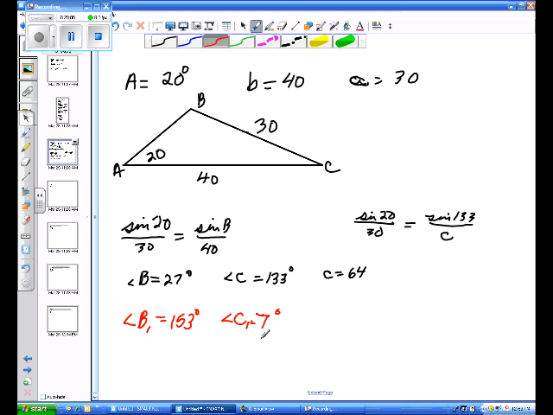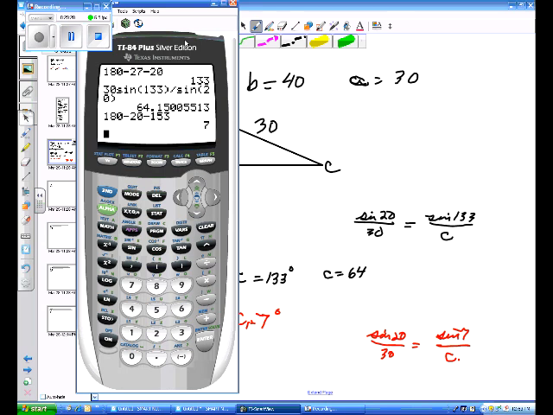So now I have to figure up, okay, what would side C be there? So the sine of 20 is to 30 as the sine of 7 is to side C. So 30 sine 7 divided by sine 20.